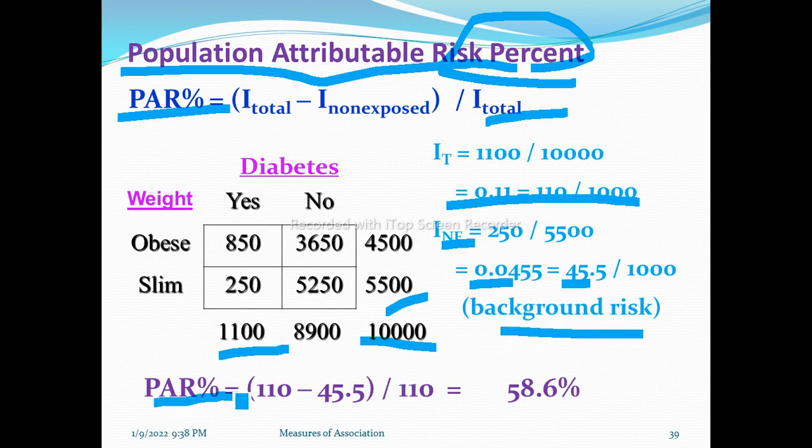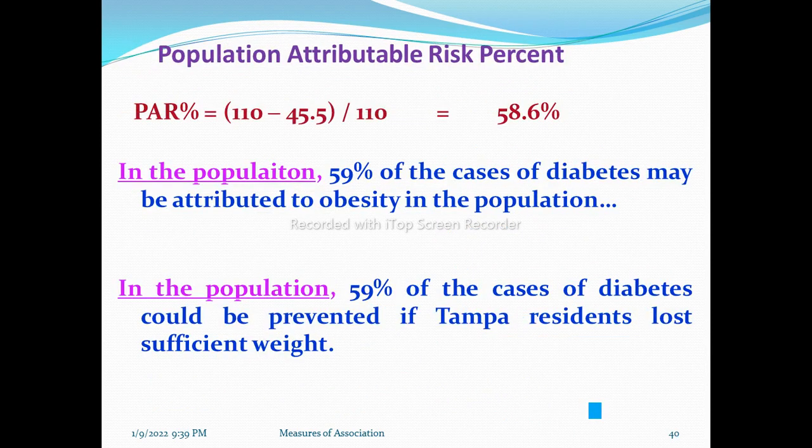Now population attributable risk percent is 110 minus 45.5 over 110 times 100. We will get 58.6%. So in the general population, about 59% of the cases of diabetes may be attributed to obesity.